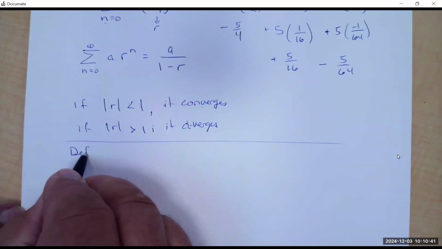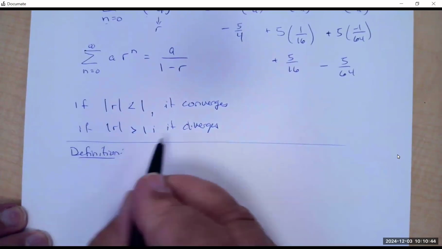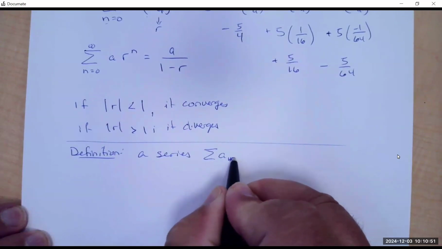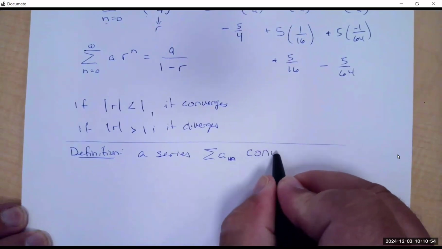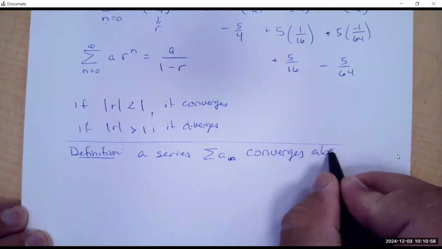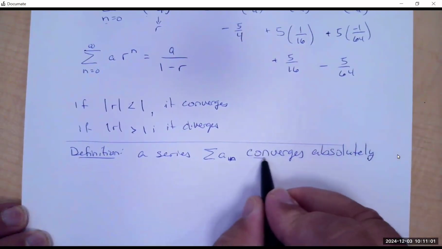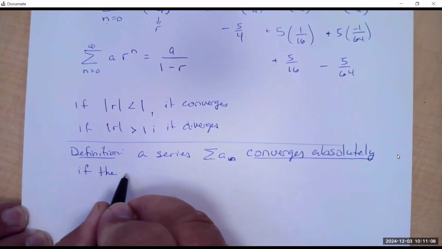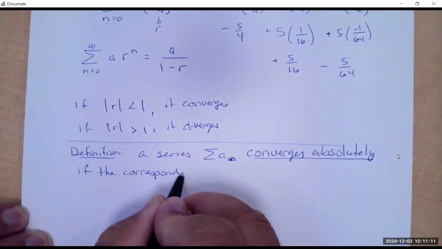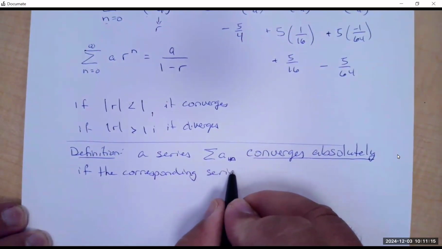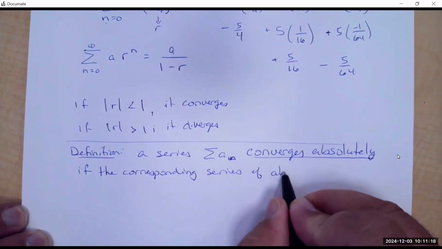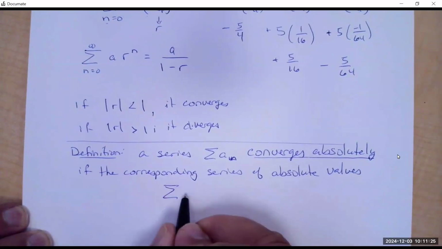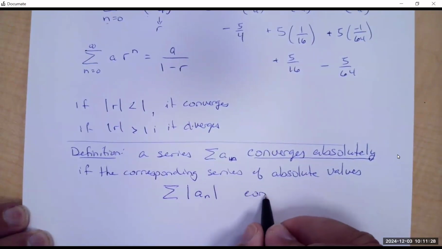So now we'll look at this definition. A series, the summation of a sub n, converges absolutely if this corresponding series of absolute values converges.